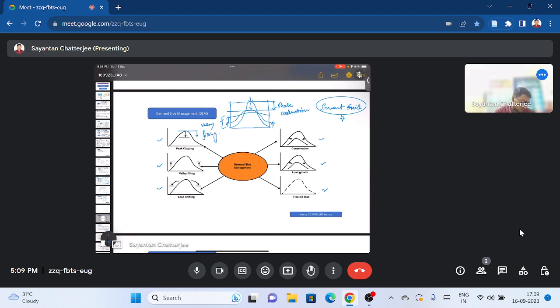This is also load shifting. Overall, by peak clipping and valley filling, we can obtain load shifting, so as to shift the load from this point to this section.